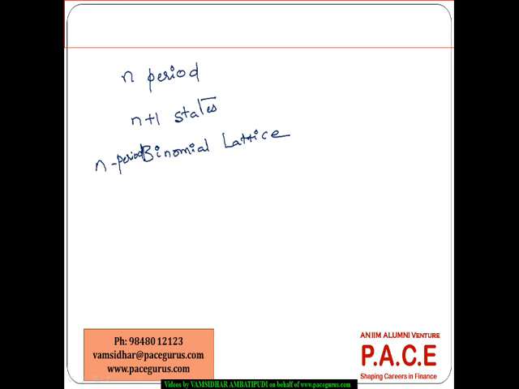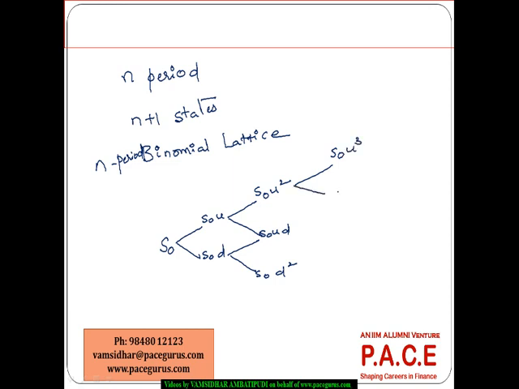So here when we see this kind of a process, it's as good as S0, S0u, S0d. This becomes S0u squared, S0ud, S0d squared, S0u cubed, S0u squared d, S0ud squared, S0d cubed.